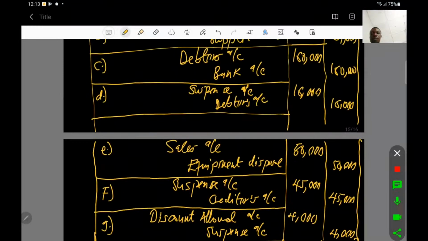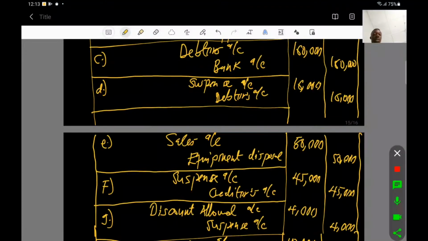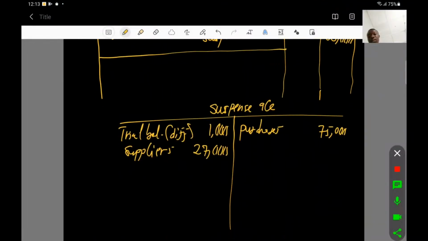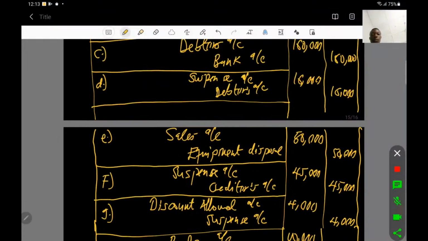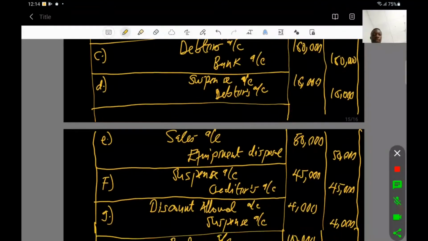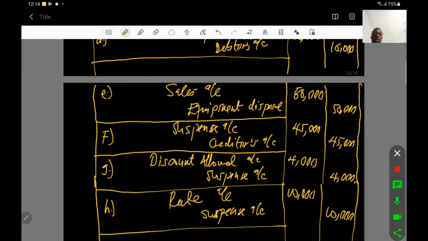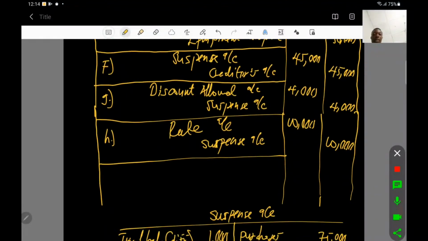And then C, see, there wasn't any suspense, so just ignore. Then you come to the D part, there was suspense in the name of debtors, the debit side, so just record debtors, and the figure was 16,000. So let's come back to E. E2, there wasn't any suspense. Then F, we have suspense in the name of creditors.